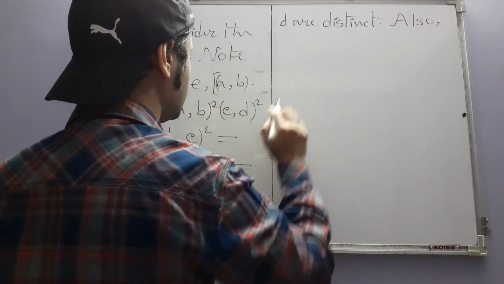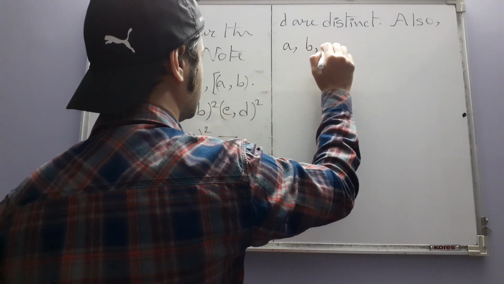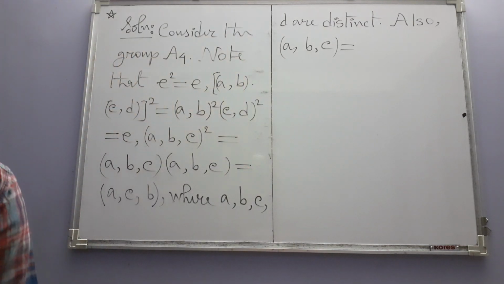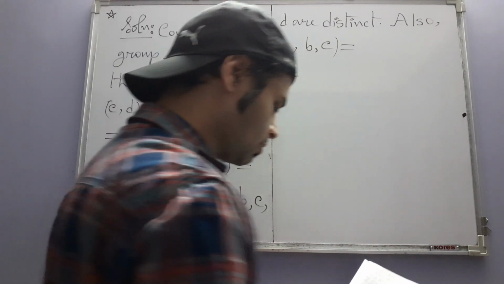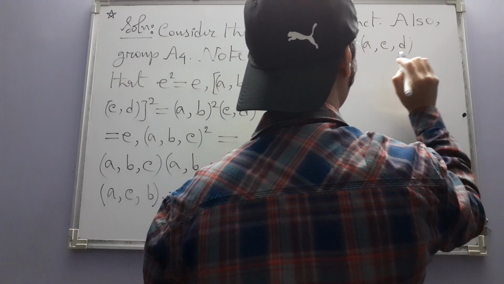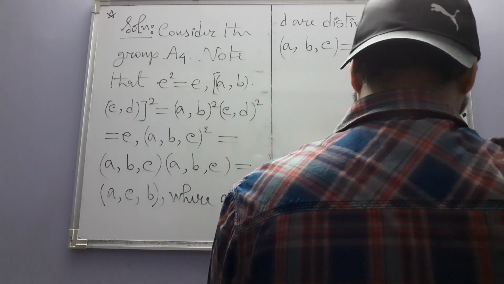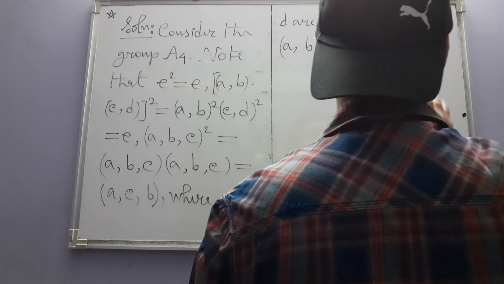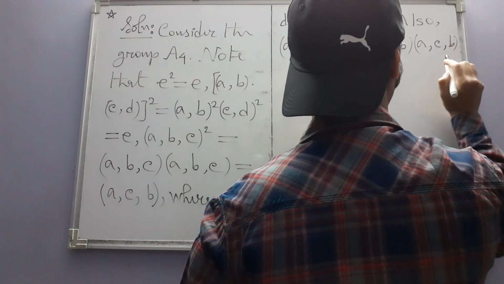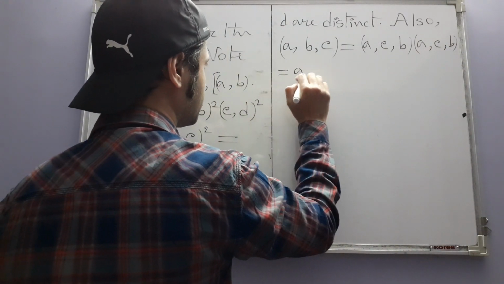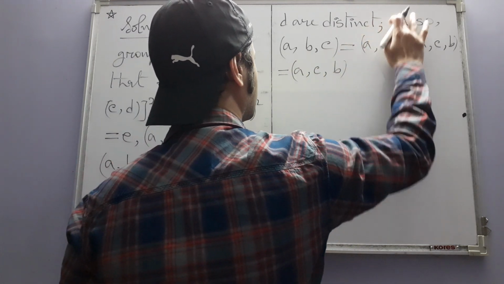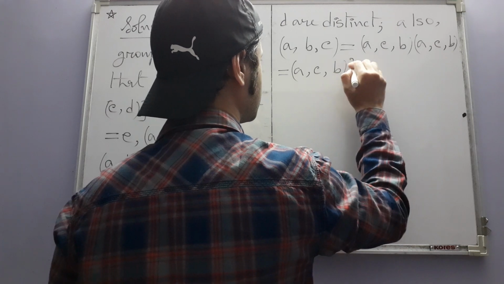Also, if say we are given a 3 cycle, is it the square of something in A4? And yes, it is the square of this 3 cycle. Excuse me. ACB, and let me write another ACB, that is ACB square.